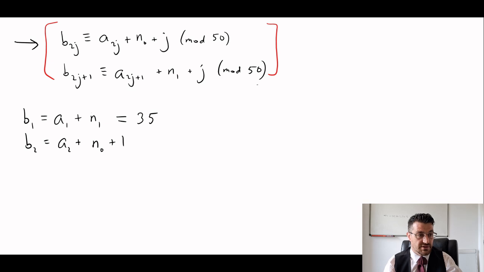So that's the first number in the coded sequence of numbers, the coded message. This is going to be equal to 27. And again, we're dealing modulo 50. B3 is equal to A3 plus n1 plus 1, and that's equal to 2.